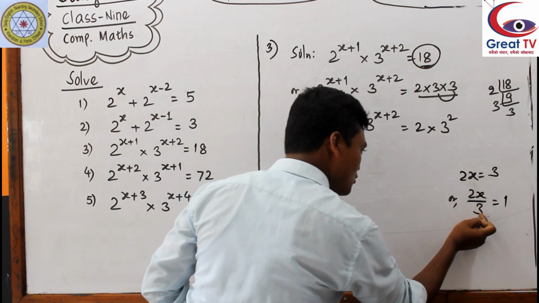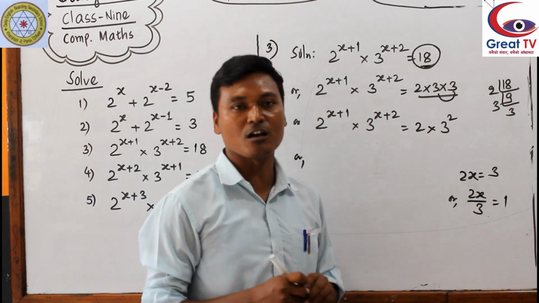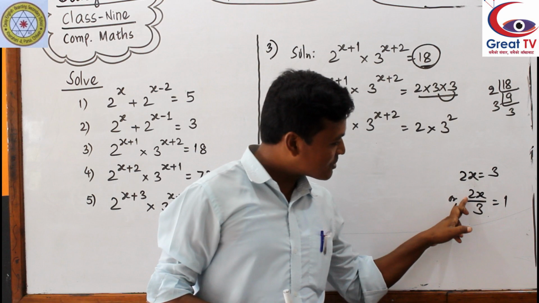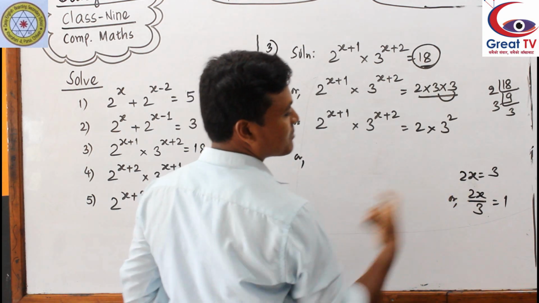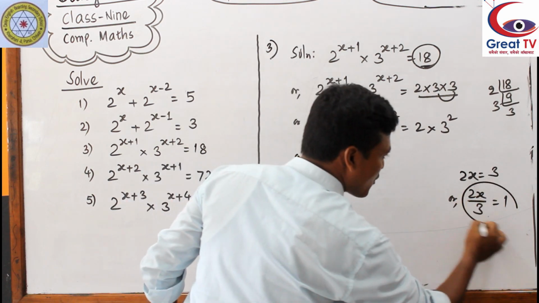This 3 can be taken over here. This can be done because when you simplify this, you will 100% get this much. It can be checked also. So this is one equation.